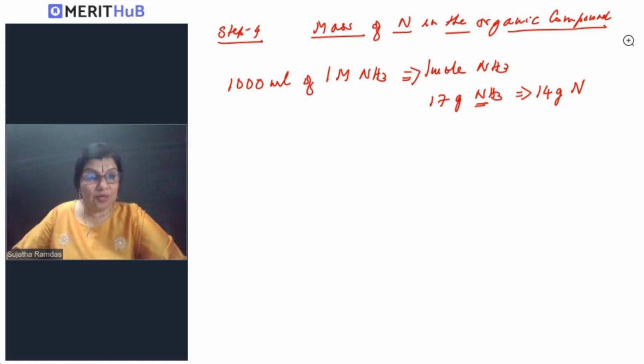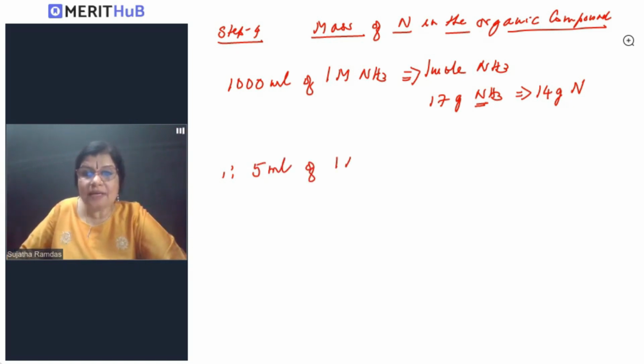Okay, so we have connected ammonia to nitrogen. Let's keep 1 molar and now find out what is the mass when the volume is 5 milliliters. That is the amount of ammonia that we got. Therefore, 5 milliliters of 1 molar ammonia corresponds to what mass?